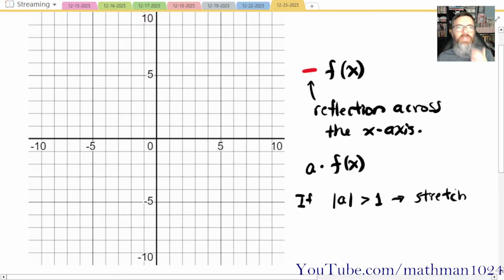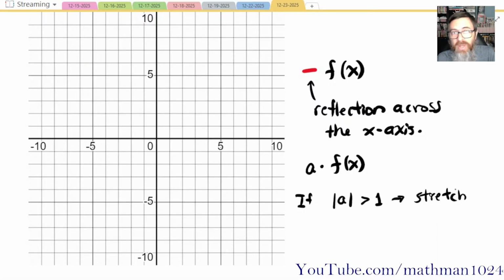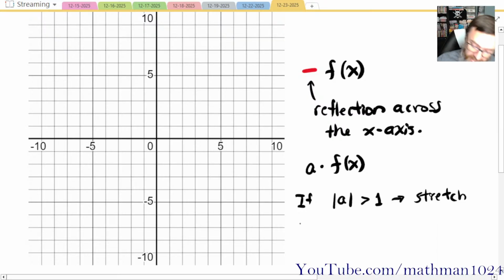In other words, it's just a multiplier, and it's going to take whatever you have and stretch it out. So if it's 2 in front, everything's going to be multiplied by 2, so it's going to be growing twice as fast. If, however, the absolute value of that leading coefficient is less than 1, then we're going to have a compression.